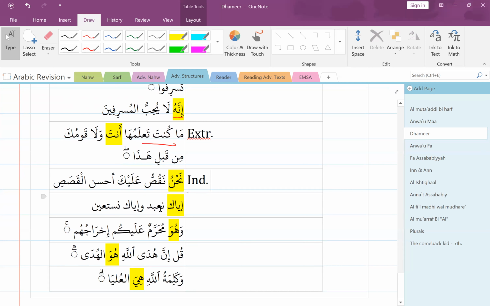Okay. Sultana? So, here it is attached pronoun. Yaka. Now this is gonna be a bit tricky. Think about it. Yaka na'budu. It is indeed you.